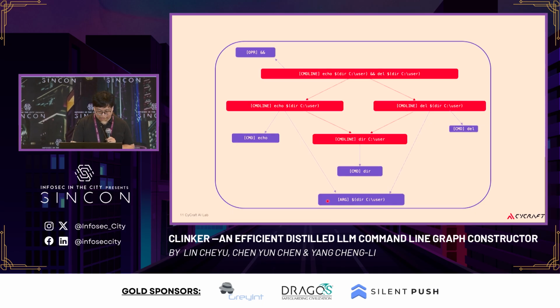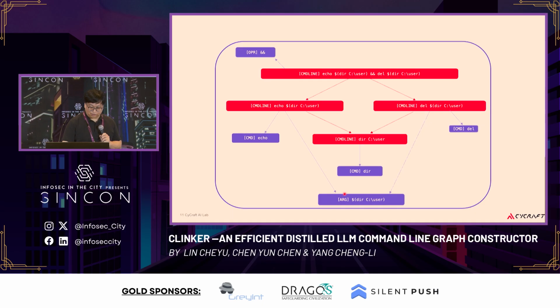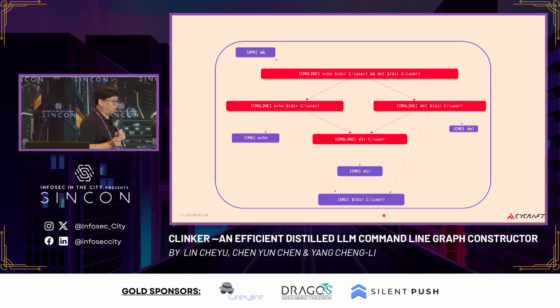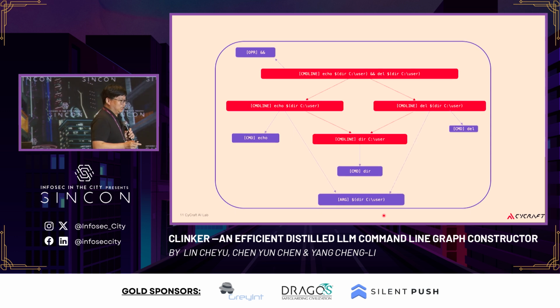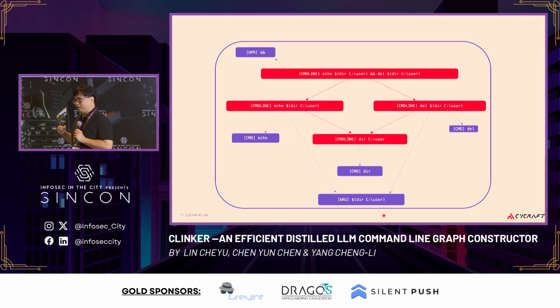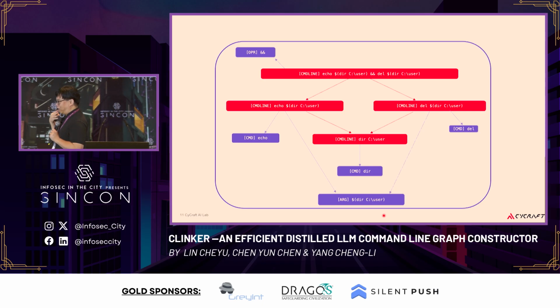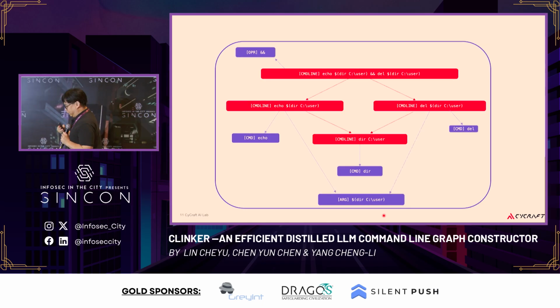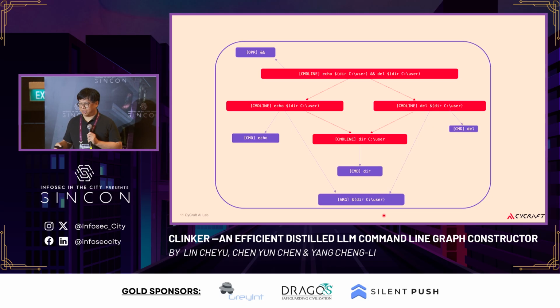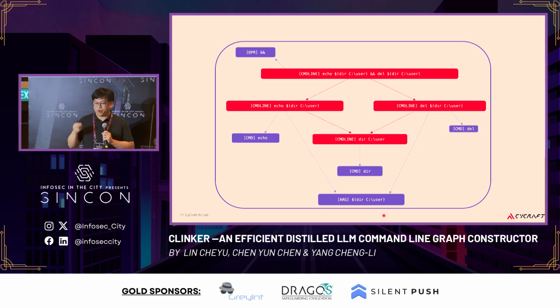So as you can see over here, although there's a command line, it's called a directory, users, it's also part of the argument of a subcommand. So this shows the nature of how it's very difficult to really understand the real intention of the command line, because it depends on where this command line is positioned.